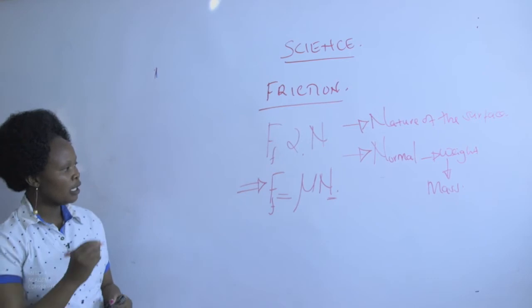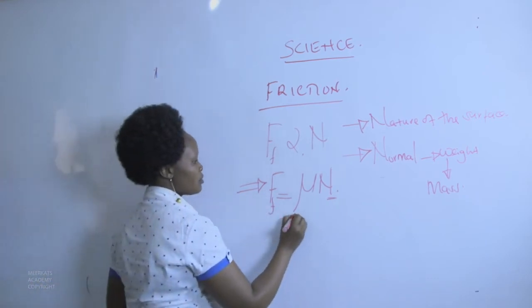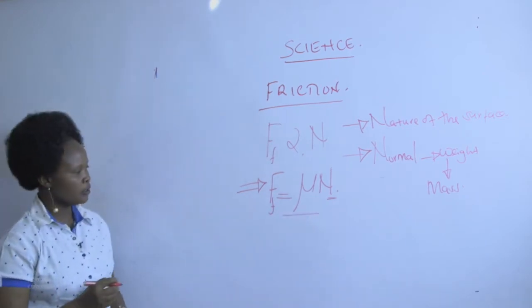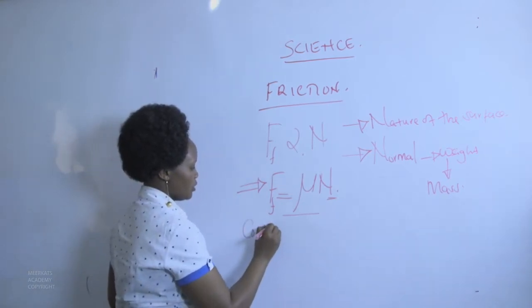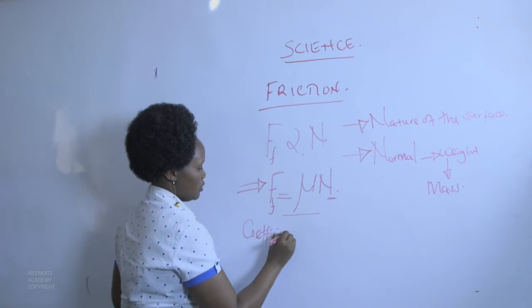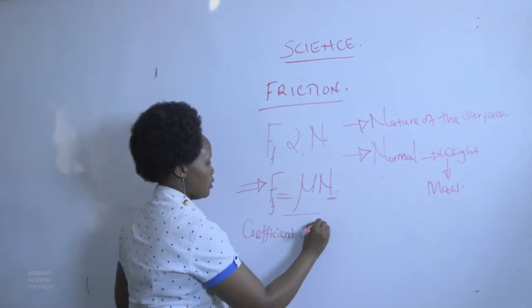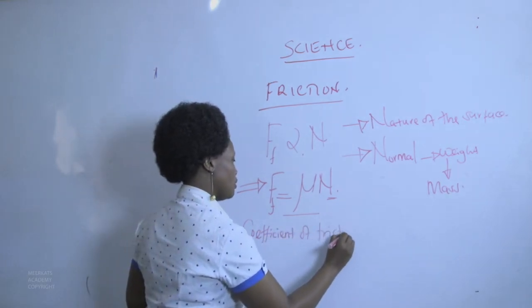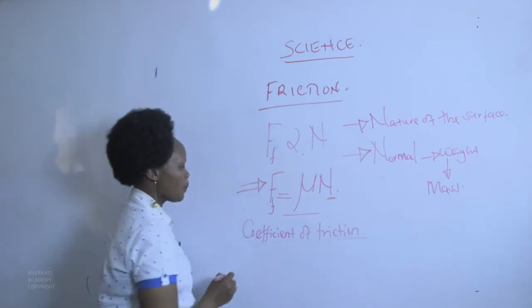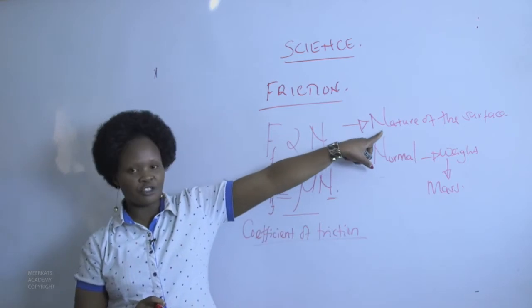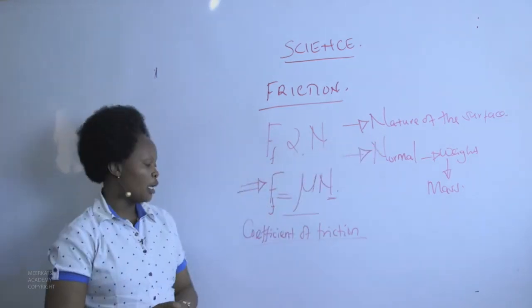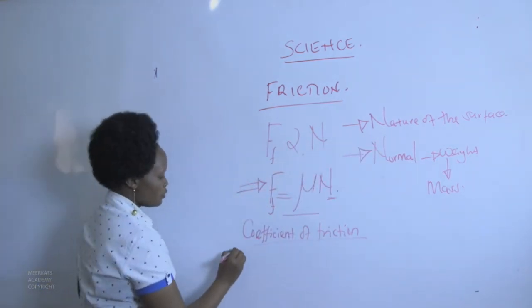Now, let us say something small about the coefficient of friction. Like I have said, it gives us an idea on the nature of the surface. Now, it can be of two types.